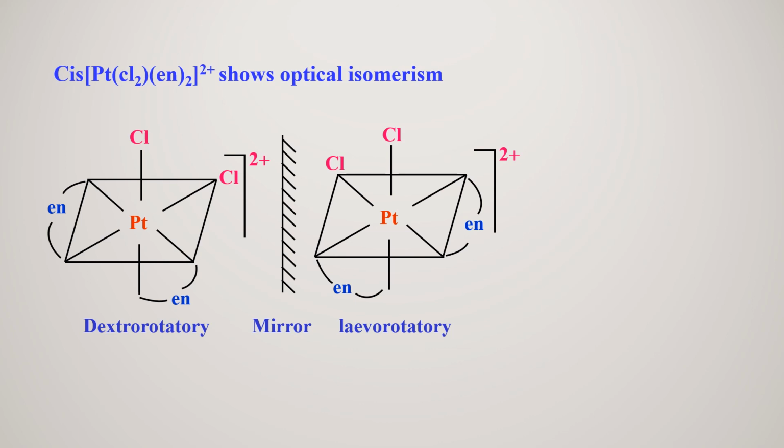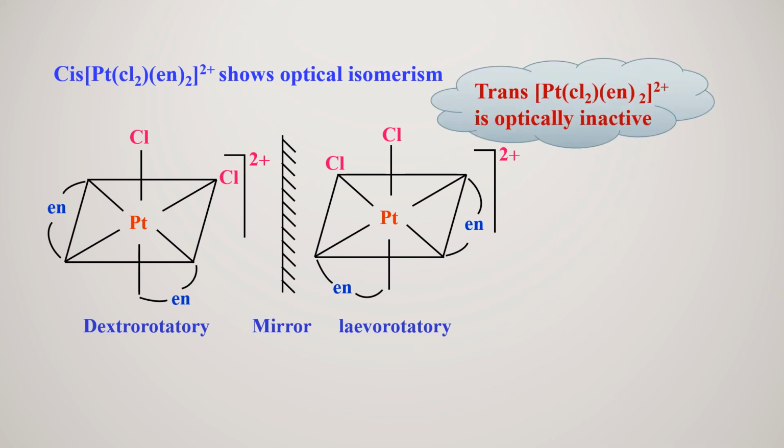They are optically active because they rotate the plane polarized light clockwise and anti-clockwise: clockwise dextrorotatory, anti-clockwise levorotatory. The trans isomer is optically inactive because you will get symmetry there. If you get symmetry, you will get optical inactivity. If the symmetry is not there, then they are optically active.